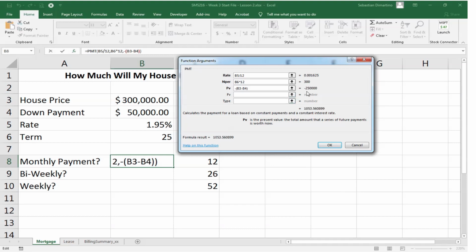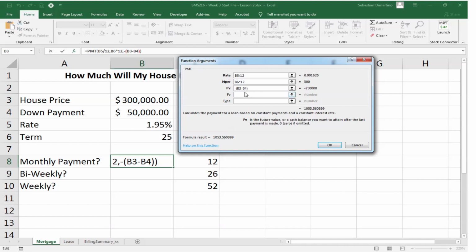And what you'll see here on the right-hand side is a negative 250,000, which is perfect because that's what we're looking for. We're looking for that negative amount that we are borrowing from the bank. We do not own the home.